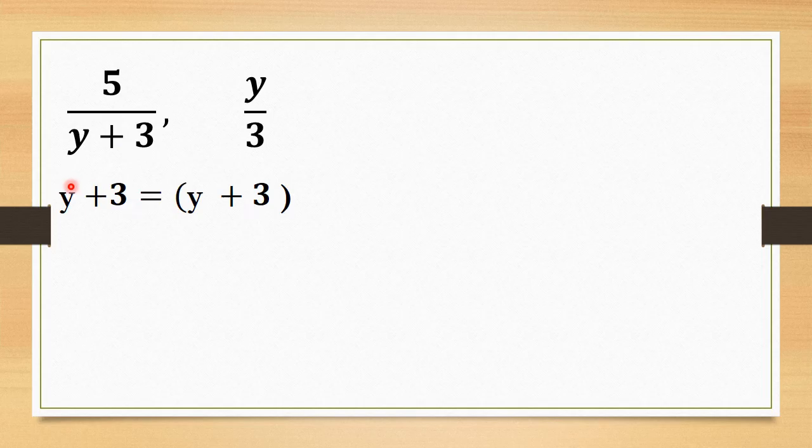Next. Let us find the LCD of y plus 3 and 3. Our fractions are 5 divided by y plus 3 and y divided by 3. So, let us find the LCD of their denominators. The factor of y plus 3 is y plus 3, because y plus 3 is already in its factored form. And the factor of 3 is also 3.